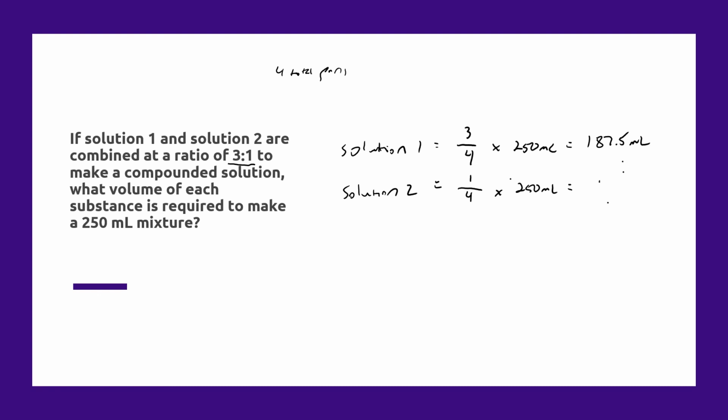And that will be 62.5 milliliters. So your answer will be 187.5 milliliters of solution 1 and 62.5 milliliters of solution 2. And you can check your work by adding these together and making sure that it totals 250 milliliters.